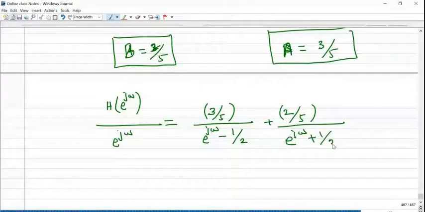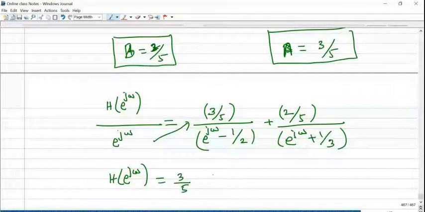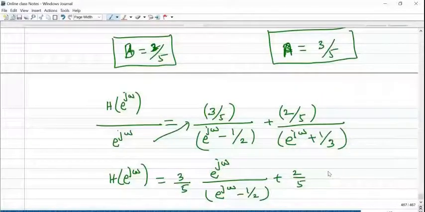Okay. Now multiply this by e power j omega on the right side. So H of e power j omega, 3 by 5 is a constant, e power j omega divided by e power j omega minus 1 by 2, plus 2 by 5 is a constant, e power j omega divided by e power j omega plus 1 by 3.